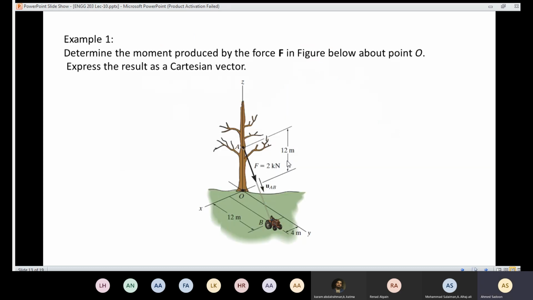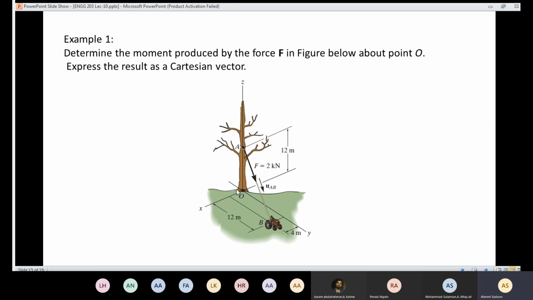So now let's start with an example here. The example is going to make it clear for you. As you can see in the figure here, we have a tree. We are going to destroy that tree by using that machine here, which means that I apply a force in order to get rid of that tree.